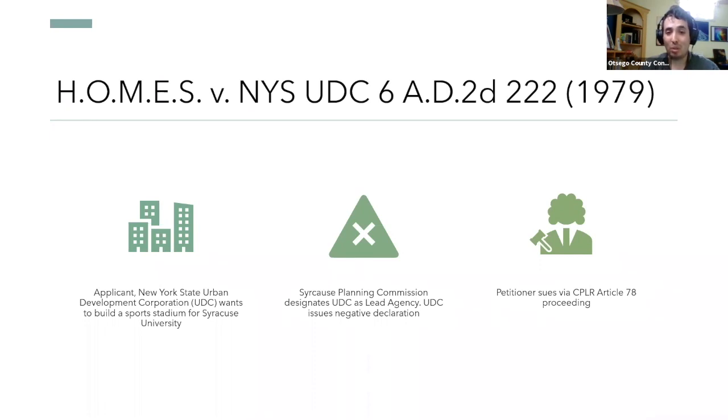The Urban Development Corporation reviewed the application package, and they eventually issued a negative declaration. And a group of landowners said, hold on a second, you did not comply with the provisions of SEQRA, and they challenged via an Article 78 proceeding.